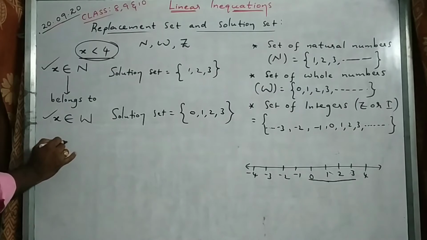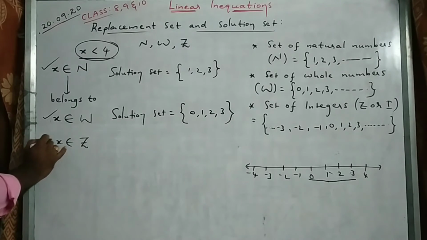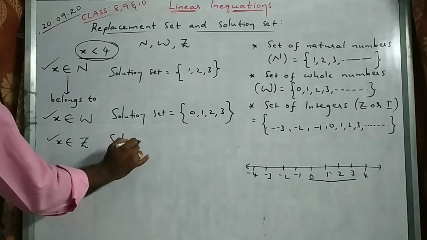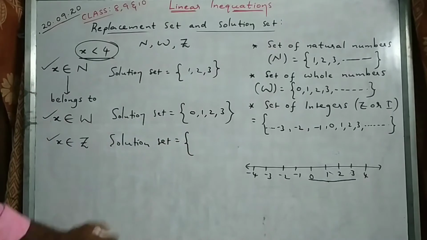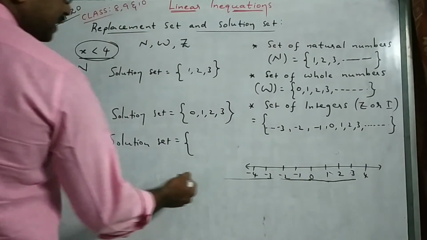Suppose x is from integers, if the replacement set is integers, what is the solution set here? Below 4, how many integers are there? Many integers are there. You cannot count them now.